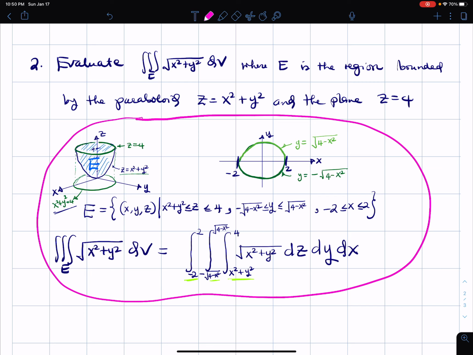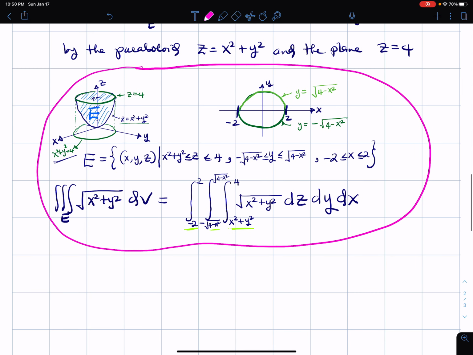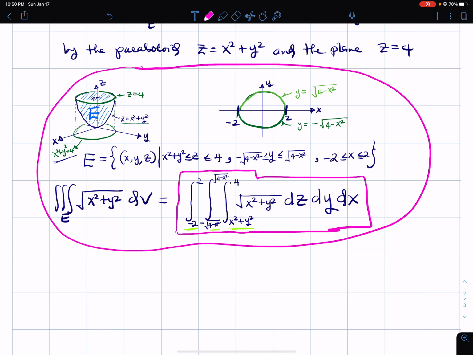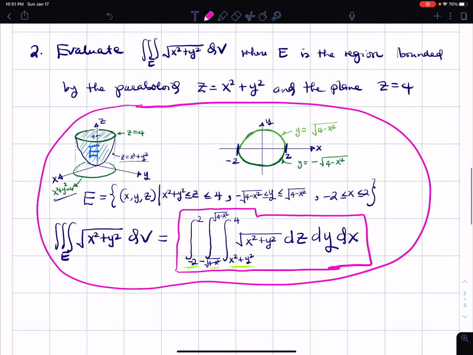Now we have cylindrical coordinates. We need to redo this because we stopped here. Remember, we stopped here and I asked you to think about it. This is a little bit more complex, but with cylindrical coordinates, we can make it a little easier.